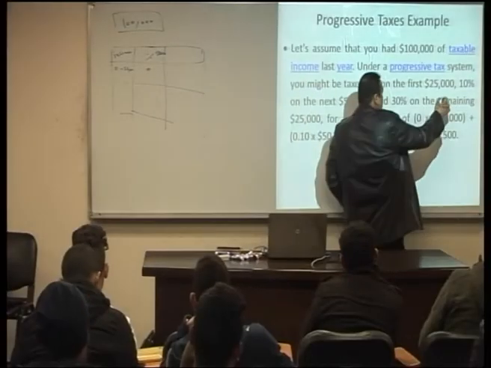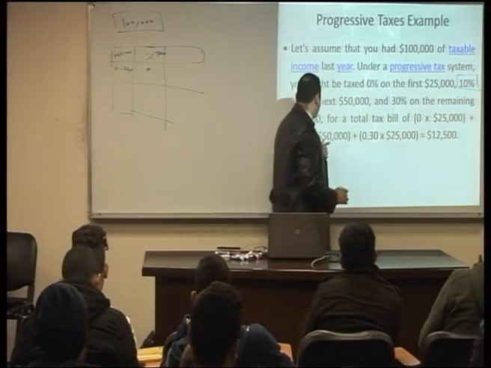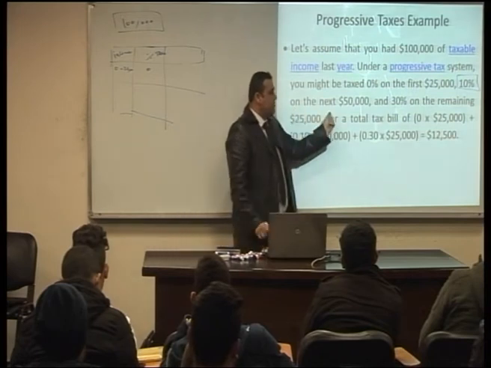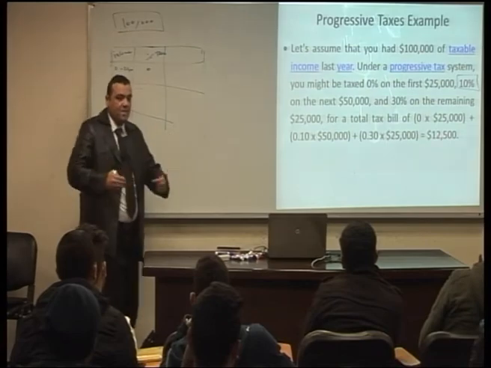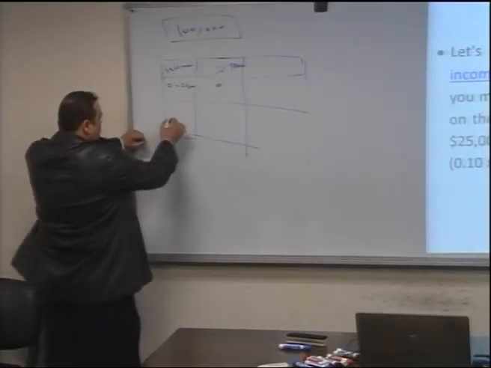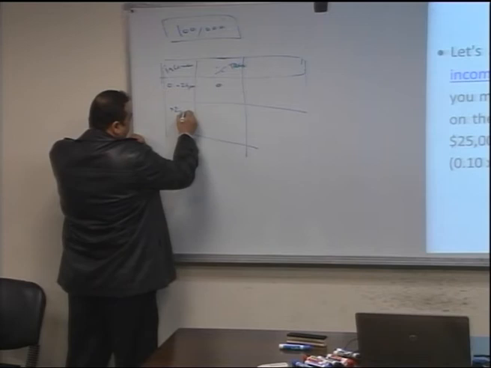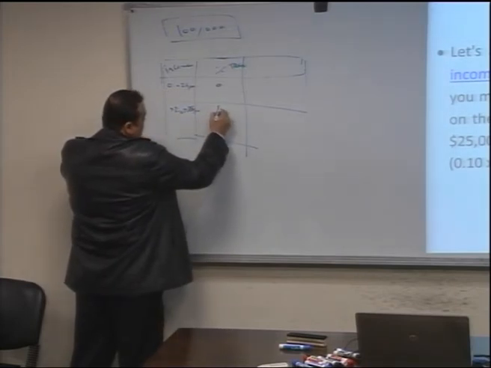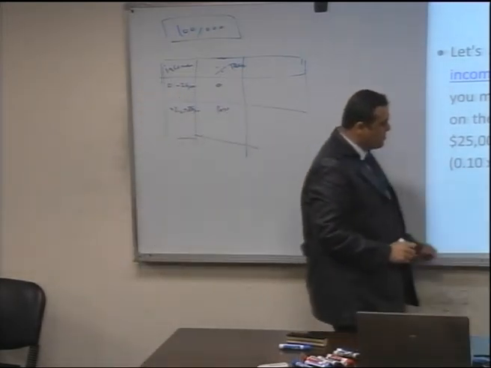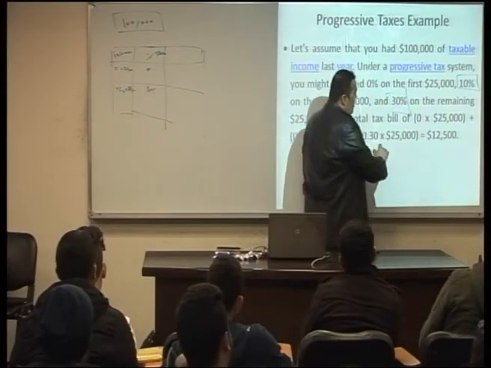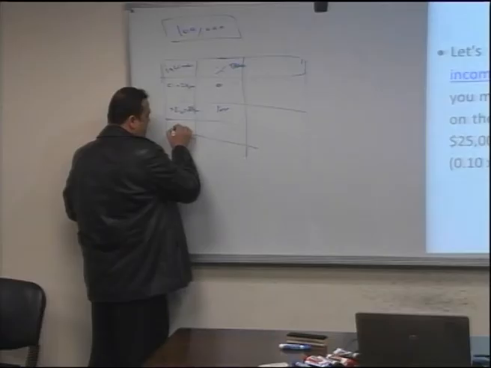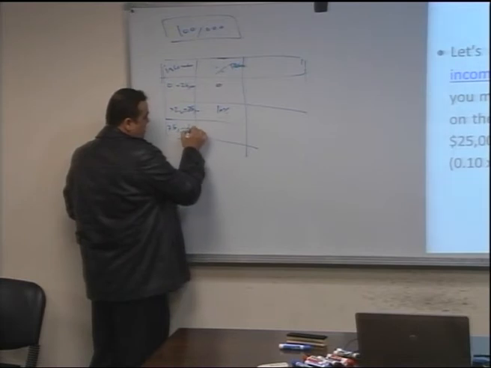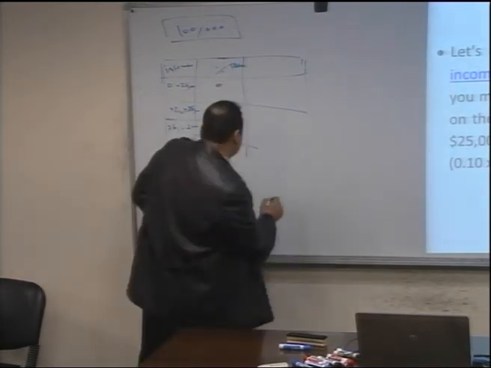And you pay 10% on the next $50,000, from 25 up to 75,000. And 30% on the remaining $25,000, from 75,000 to 100,000.